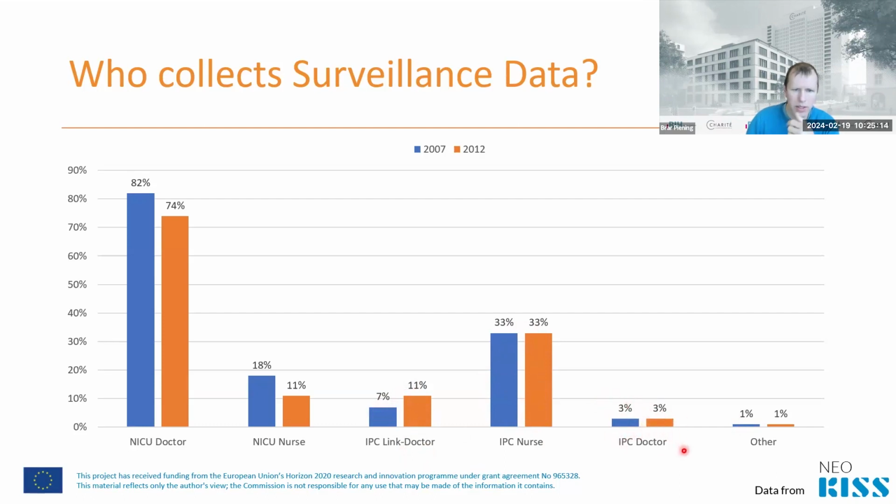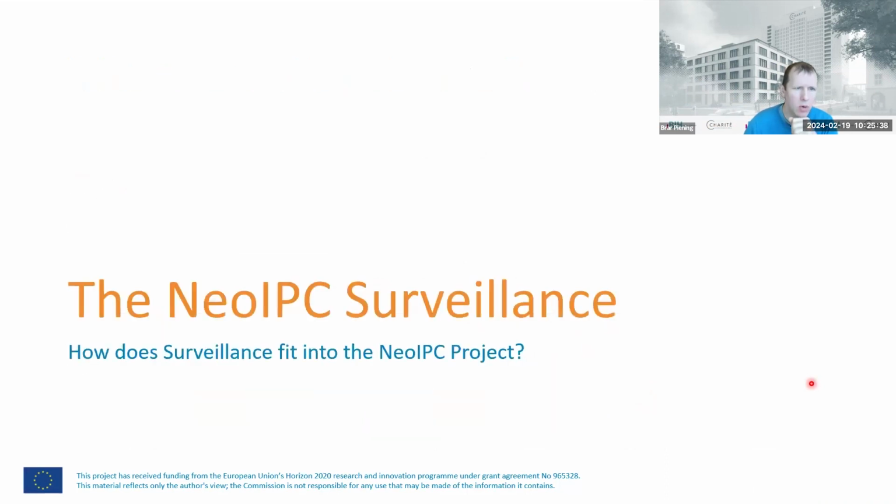So this is typically, as I am a hygiene doctor in Germany, or a microbiologist, sorry, who does infection control as a main job. So this is the distribution in Germany from 2 polls we did quite a while ago. We could redo this at some point, probably, because the data are not very recent, but this is how it works in Germany.